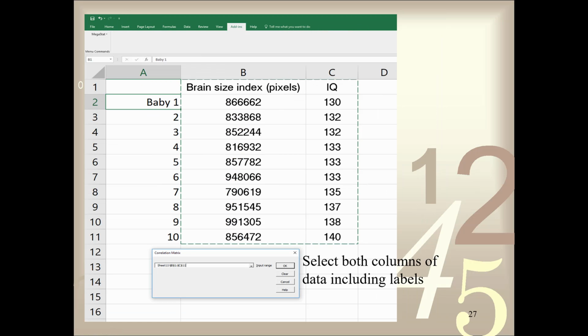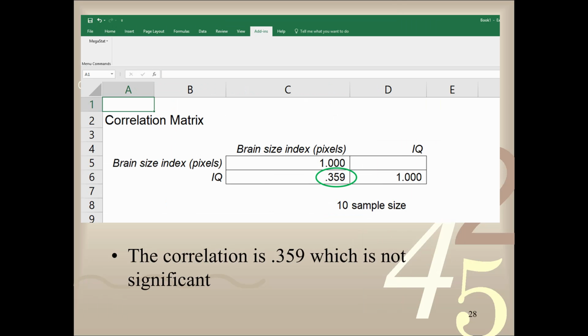That's the input range. Both columns, including labels, together. Hit OK. And you have a correlation of 0.359. Notice it's pretty low, it's close to 0 and it's also not highlighted, so it's not a significant correlation. Part of that could be the small sample size, but based on this sample of 10, we do not have a correlation between brain size and IQ.